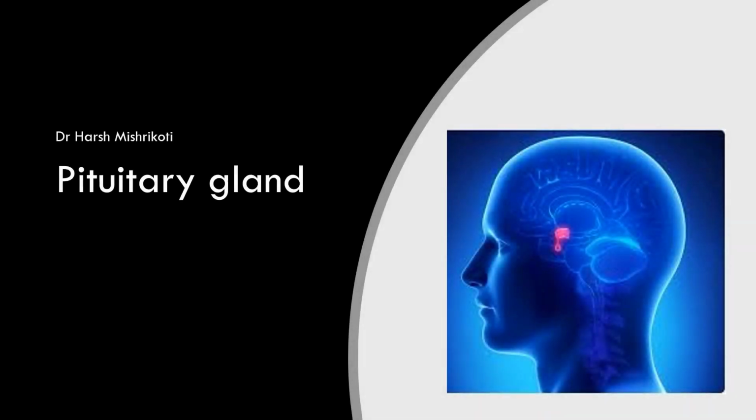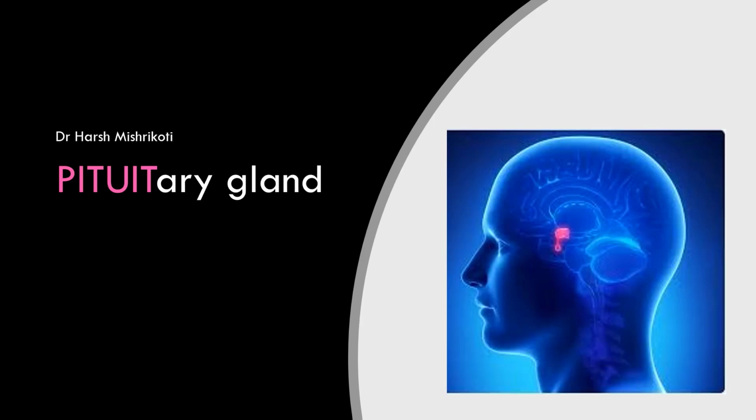Hello, welcome. In today's class, we shall learn about pituitary gland. The term pituita means mucus. By ancient anatomists, it was thought that the nasal discharge, the mucus discharge, is from this gland.